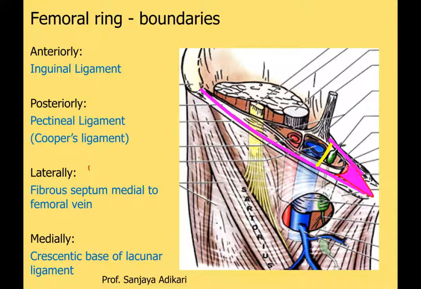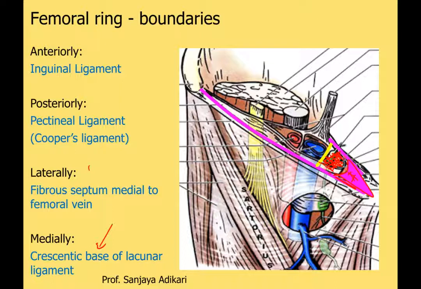Medially you get the sharp free edge, the crescentic base or free edge of the lacunar ligament, which is attached to the inguinal ligament here. So here you get the femoral ring, and the femoral septum covers it, a thickening of extraperitoneal tissues.